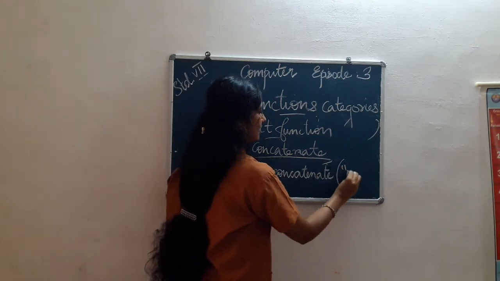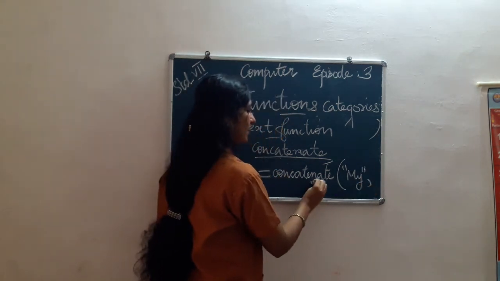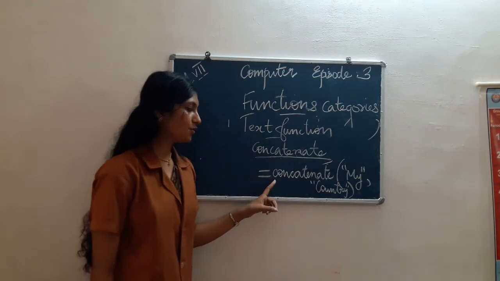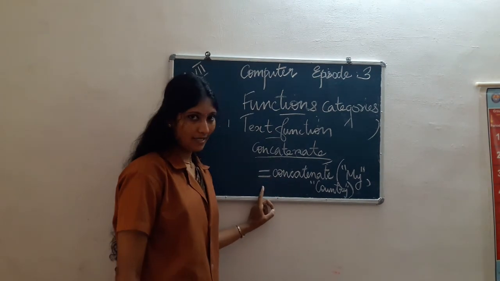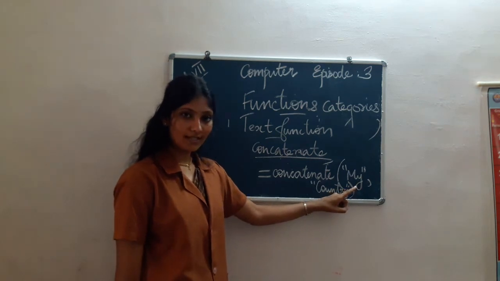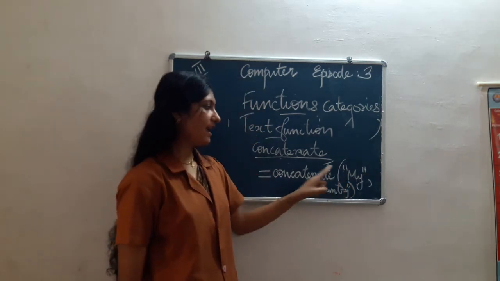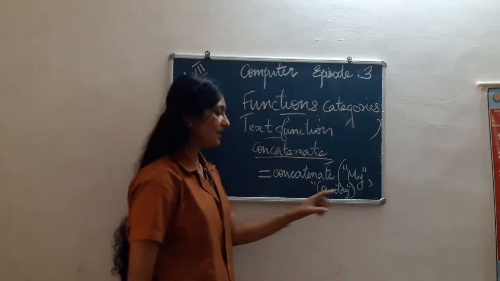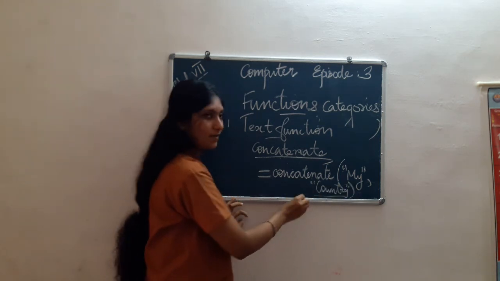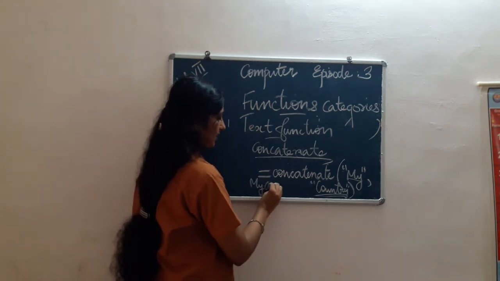The first word is my, arguments are separated using commas, and the second word is country, also within double quotes. So finally the result is mycountry.